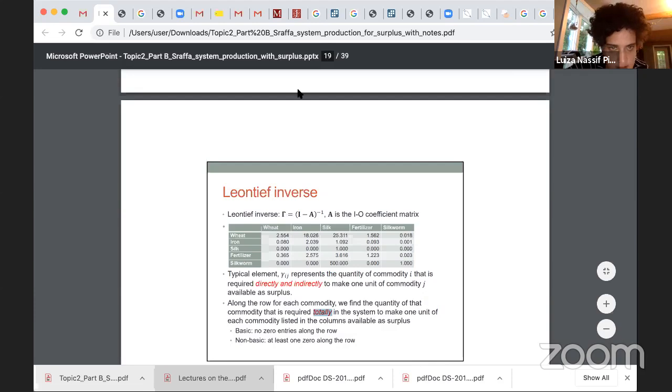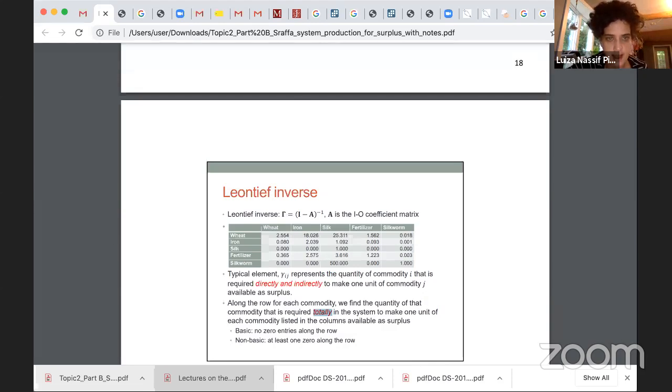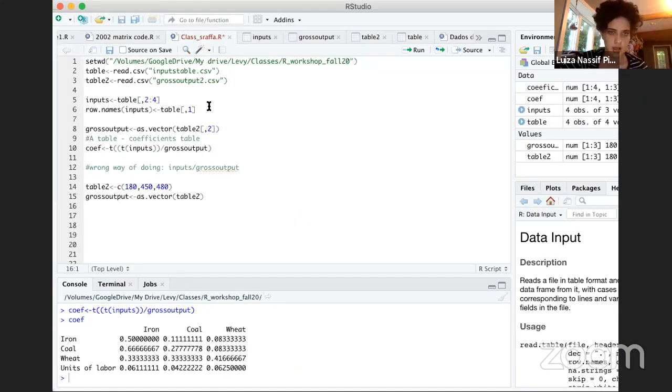So let me go back to my R. So the way we calculate that, as I said, the Leontief inverse is calculated as 1 over I minus A. Or as we usually write this, it's I minus A to the power of -1, right?